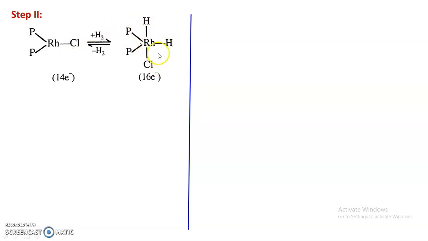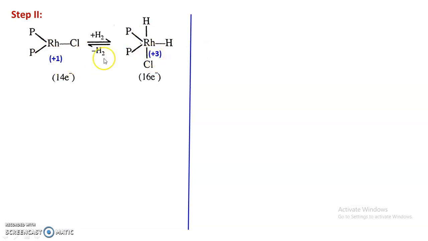There is an addition of 2 hydrogen atoms, or 2 hydrides I will say, to the rhodium, and the tri-coordinate complex is directly converted into a 5 coordinate complex, and this is reversible. When these 2 hydrogens are lost, again we get the tri-coordinate complex.